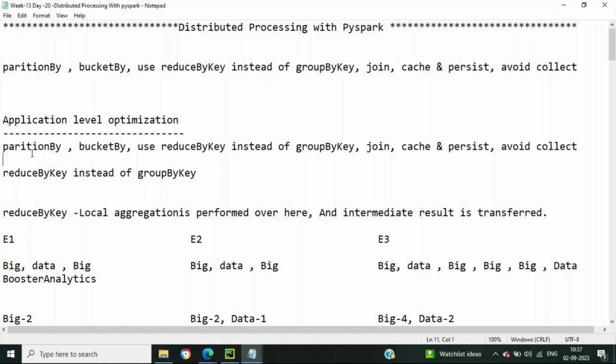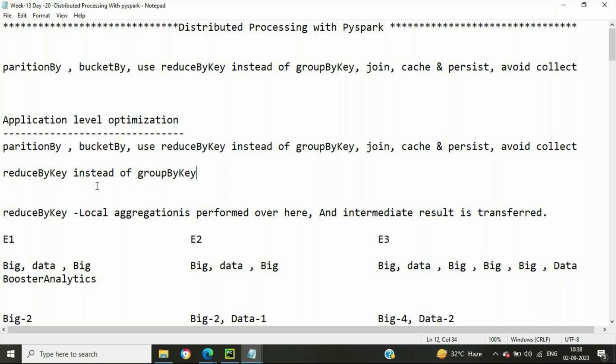And what are those application level optimization techniques? Say partition by, bucket by, reduce by key instead of group by key, join, cache, persist, avoiding collect. These are application level optimization. We just put a certain line of code, and with the help of that we are able to minimize the latency.